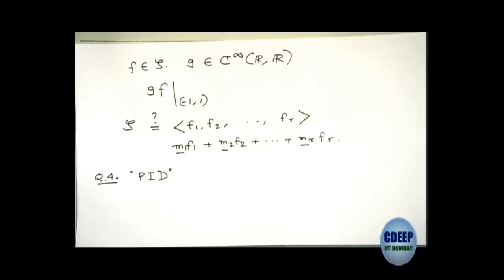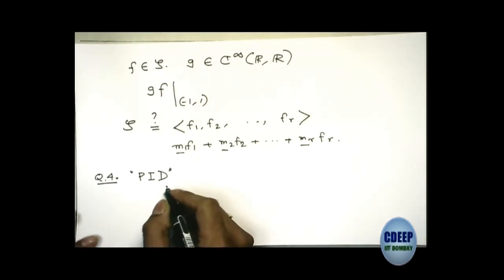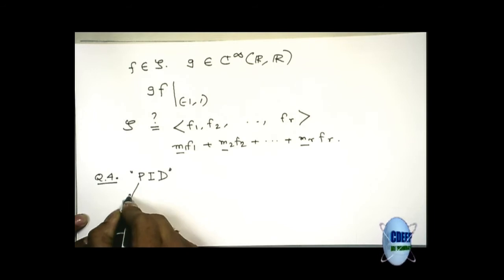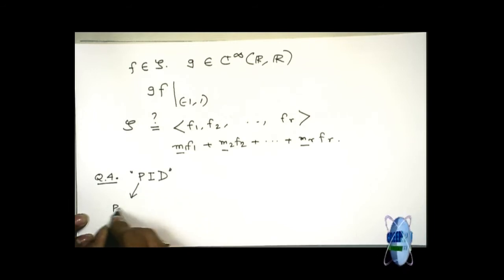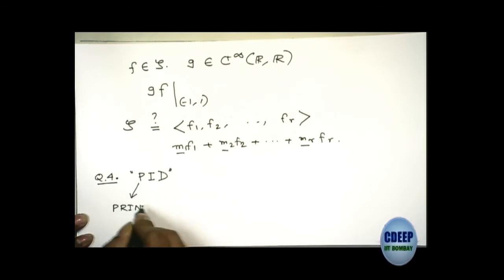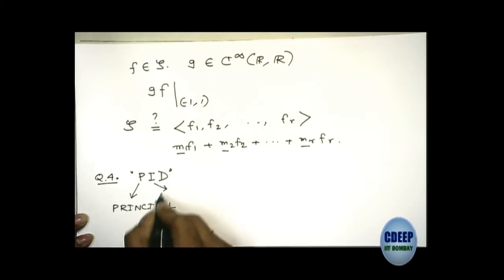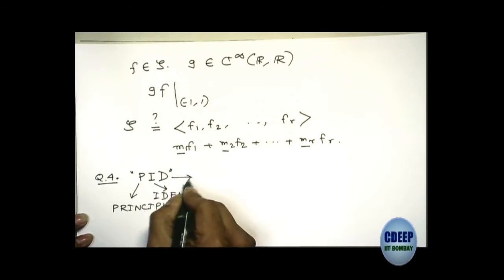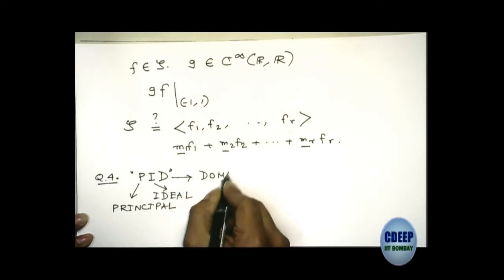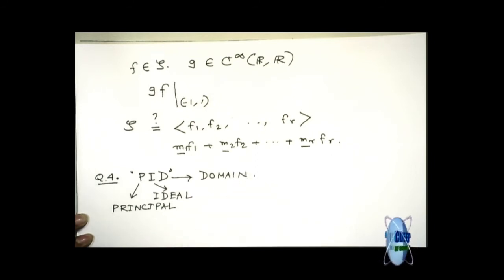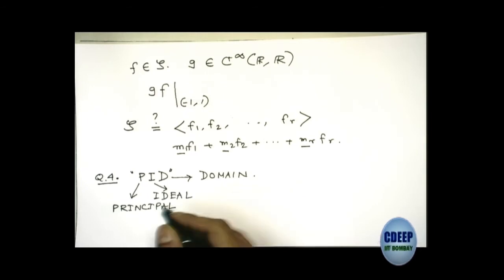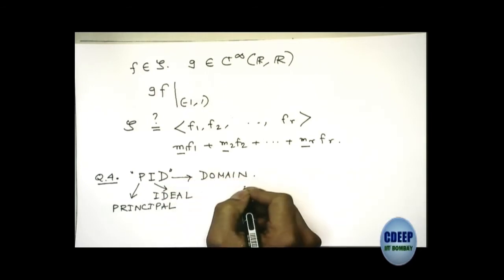Okay, this PID means the following. P stands for principal, I stands for ideal, and D stands for domain. Let me explain this term from the right side. What is a domain?